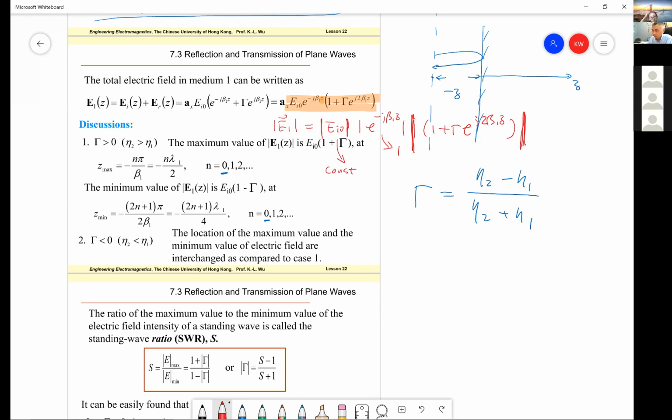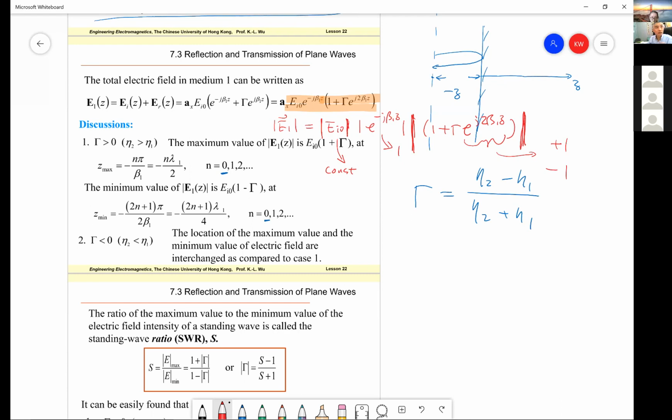Then if this term reaches two extreme values, the two extreme values are +1 and -1. Do you agree?